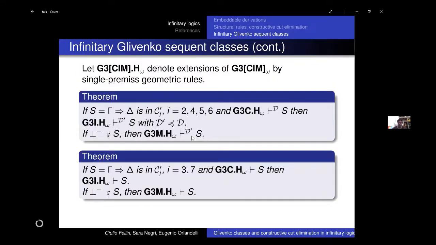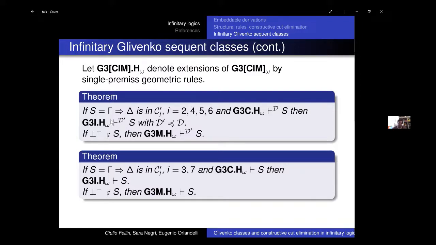Now let G3 CIM dot H omega denote extensions of the calculus by single premise geometric rules. We can group the results about the remaining classes into theorems.